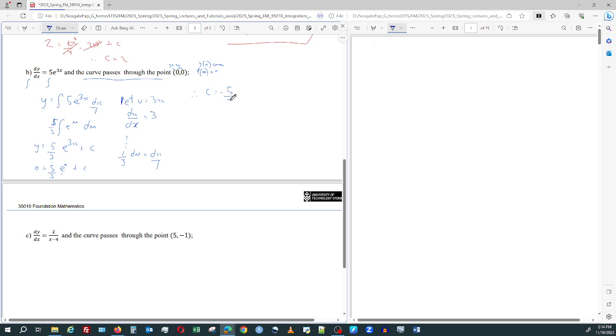So our general solution was here, a big family of curves.